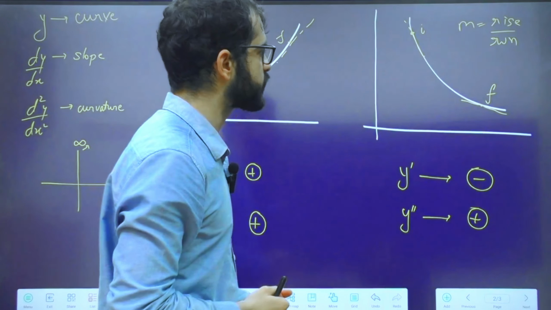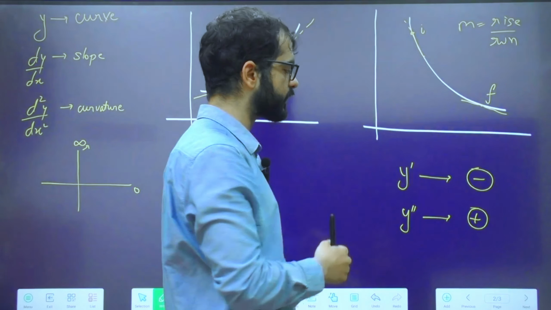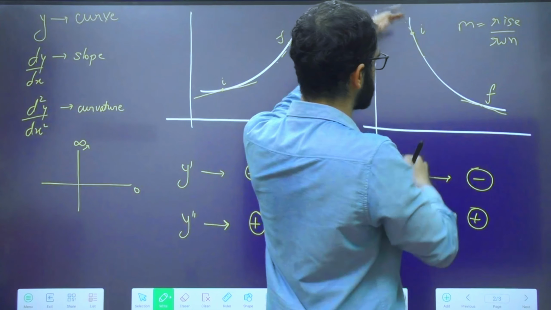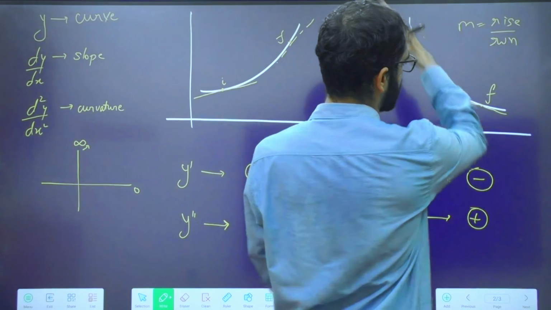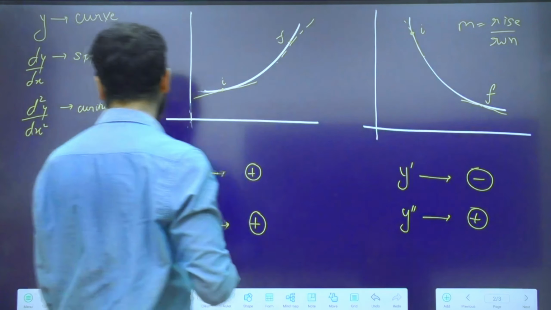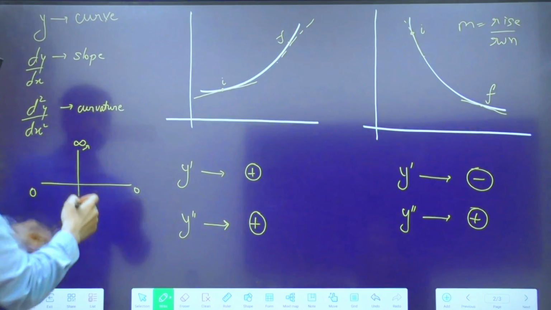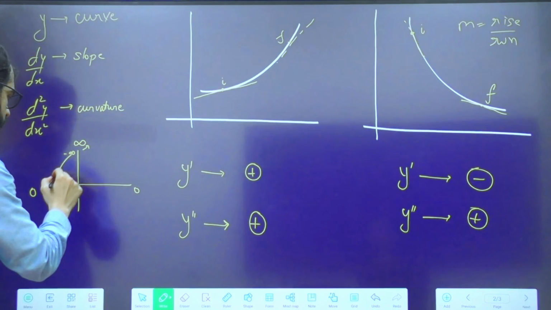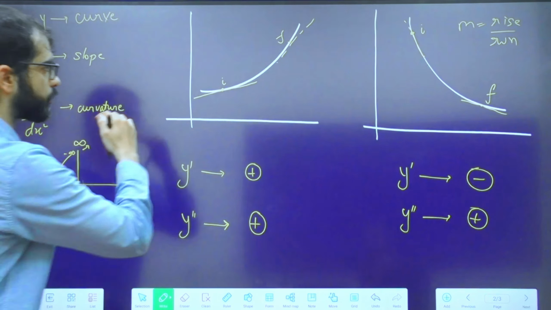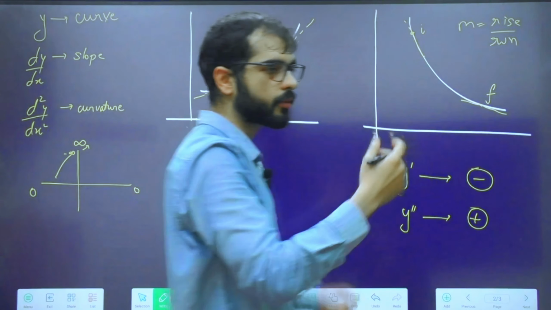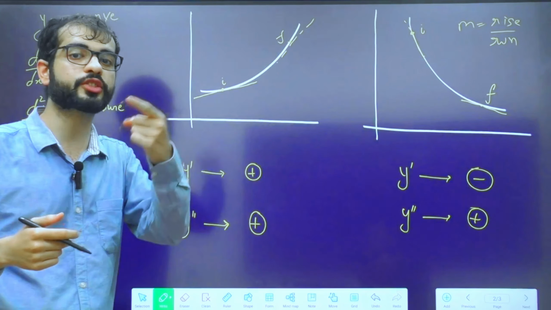Since y dash is negative, now let's observe the second case, that is y double dash. In case of d2y by dx square, the slope was this and became this. Earlier this to this. And as we know, in the second quadrant, the value of tan goes from negative infinity to 0. So it is going from negative infinity to 0, it's actually increasing.